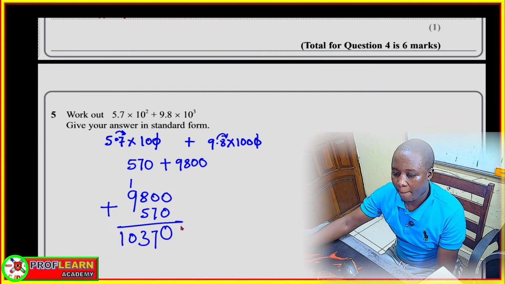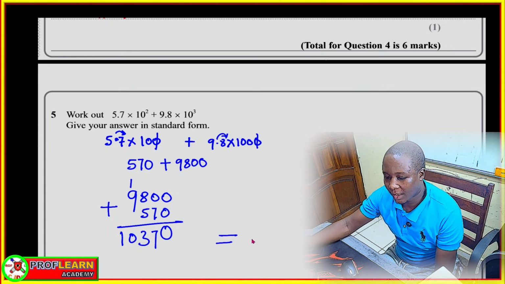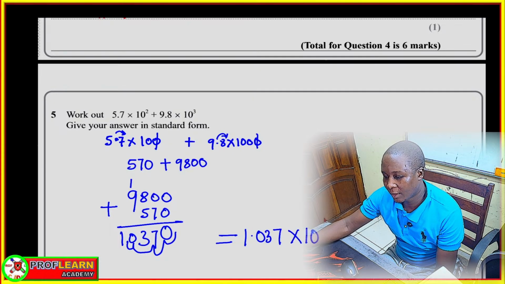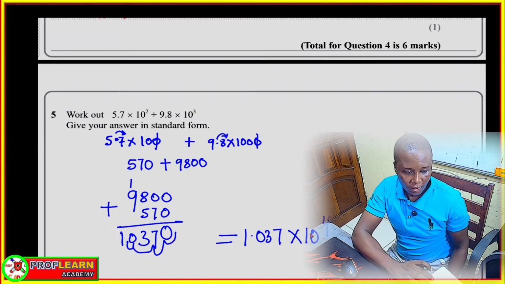Okay, then for us to write this in standard form, we have to move the decimal point. Decimal point is here, move it 1 2 3 4, so we shall have 1.037 times 10 raised to power 4 in that case.